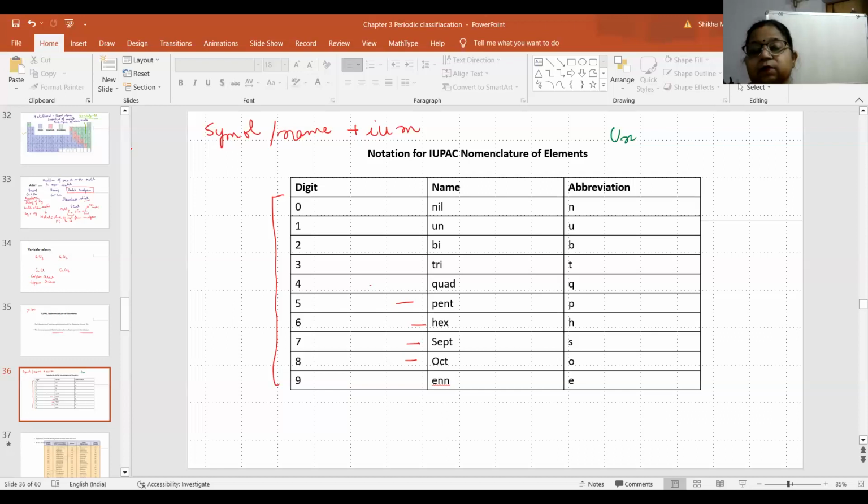So if I have to write the name of the element having atomic number 108, what do I have to do? For 1, I will write un. For 0, I will write nil.